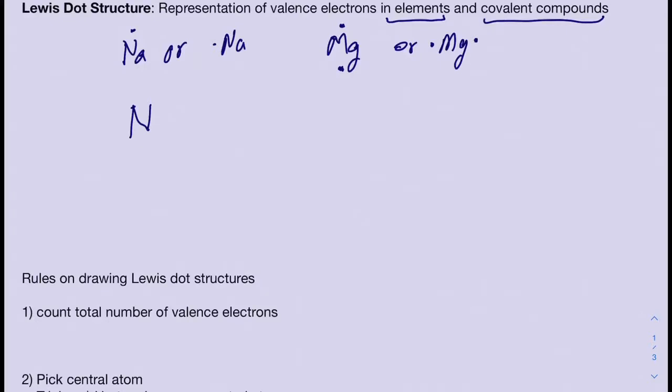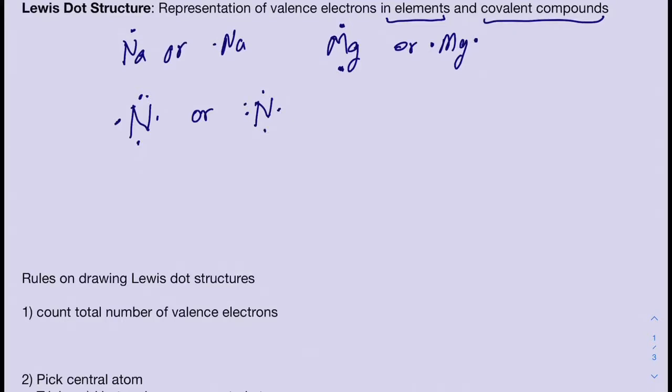So I can draw four, one in each direction, and then come back and start pairing them up. And it doesn't matter which one you pair up, you just do one at a time. So I can pair up the one on the top, or the one on the left, or the one on the right, or the one on the bottom.